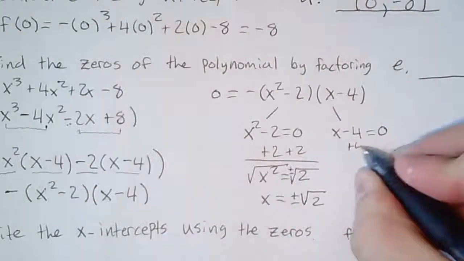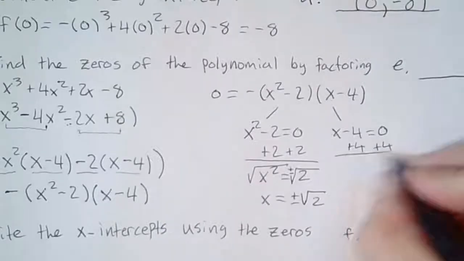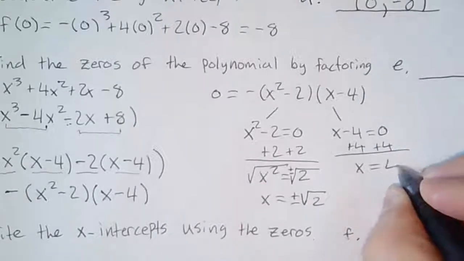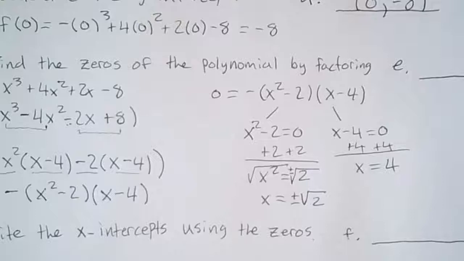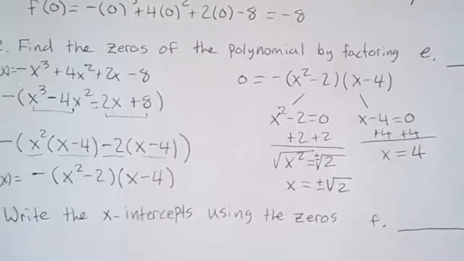So moving down to part F, the problem says to write the x-intercepts using the zeros. Our zeros were both positive square root of 2 and negative square root of 2, so let's write those as x-intercepts.